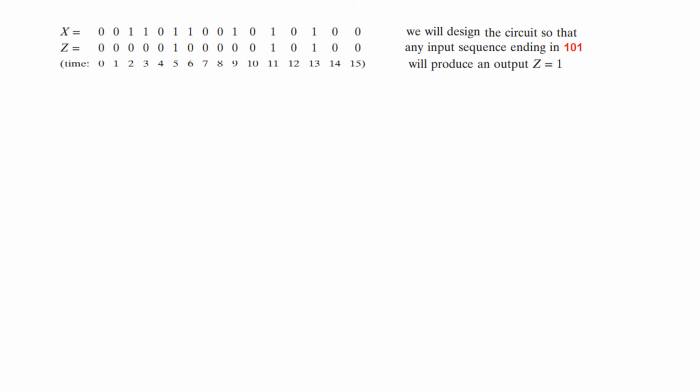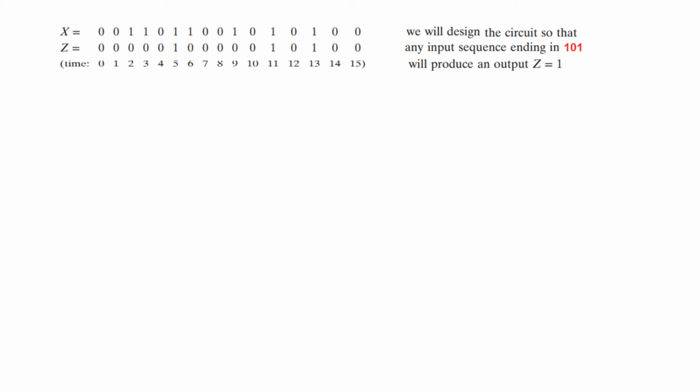Next is 1, so this is the desired bit, but it's not the complete 101 sequence, therefore the output will still be 0. Next, instead of 0 we have 1, so we now consider this to be the beginning of 101, but the output will still be 0.